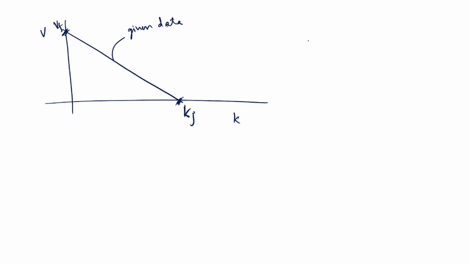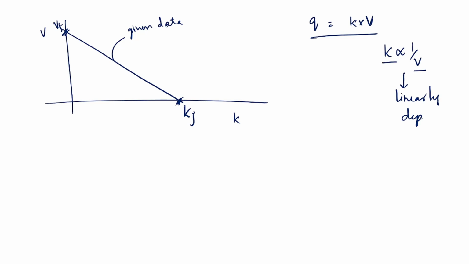Now, how Q, K and V are related, we learned just now: Q equal to K into V. You remember that K is proportional to 1 by V, but they are linearly dependent. Why linearly dependent? This is given data.